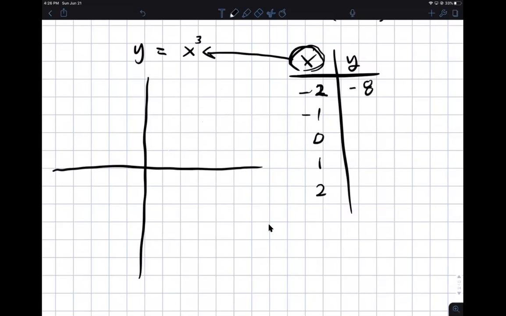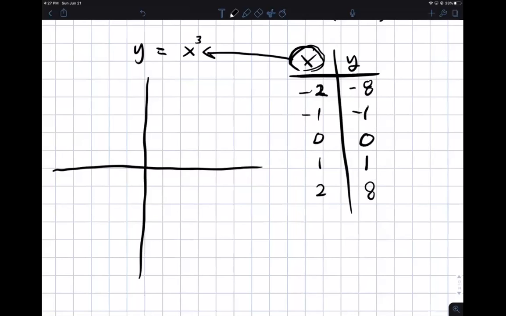All right, can you fill in the rest? -1, because 1 squared is the same. And then 0. And then 1. And then 8. Okay, cool.